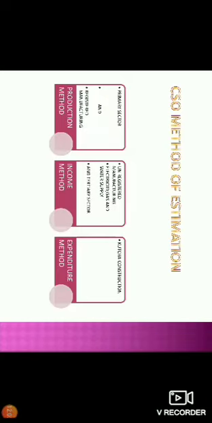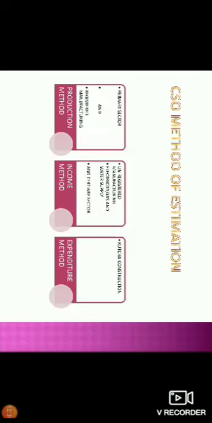In the production method, the CSO includes all the primary sector subdivisions and also registered manufacturing from the secondary sector. And in the income method, the CSO includes unregistered manufacturing and electricity, gas and water supply from the secondary sector, and all the tertiary sectors are included in the income method.